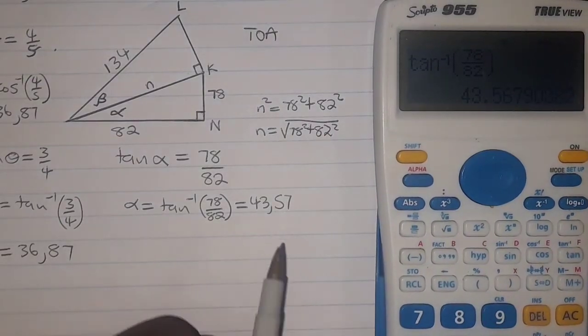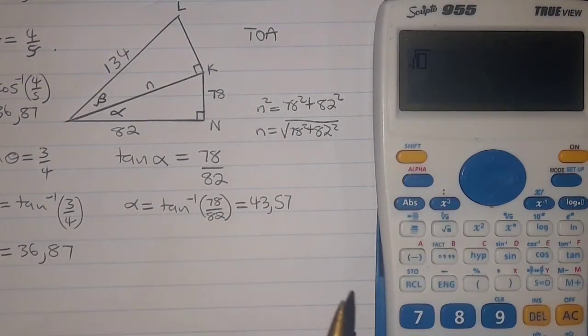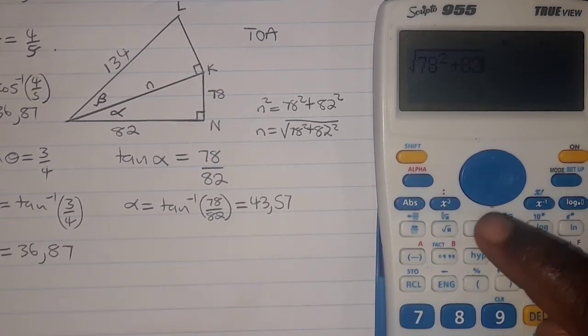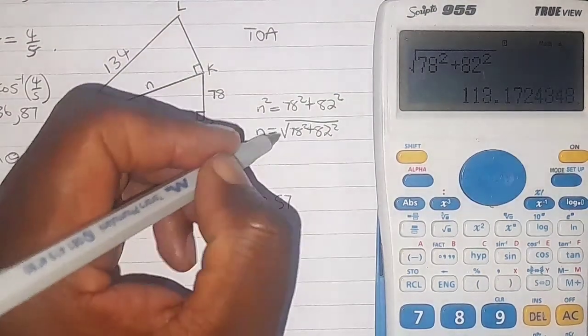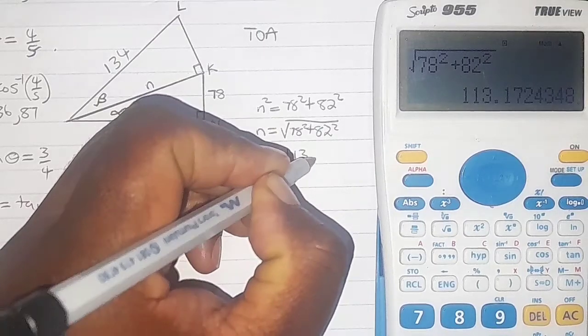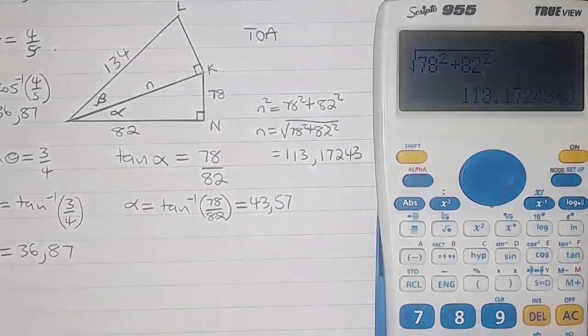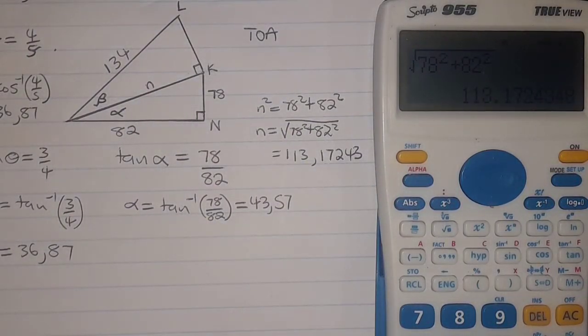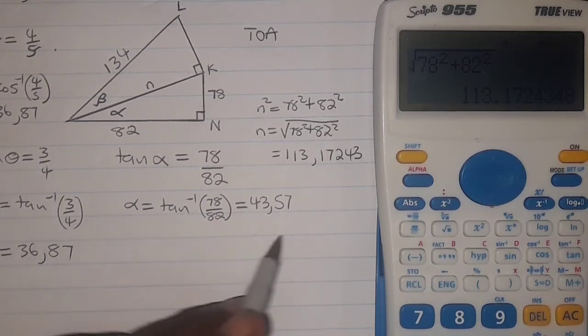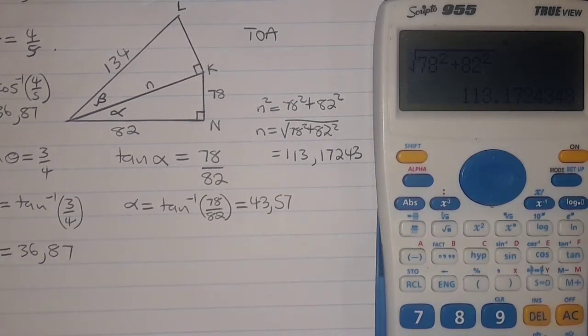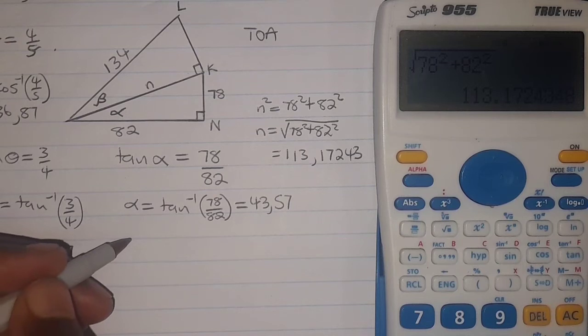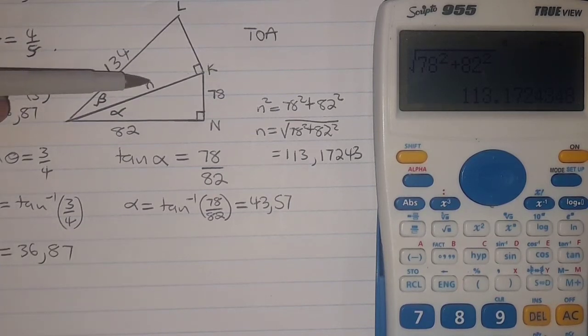And using our calculator, this is equal to 113.17243. Remember, this is not my final answer, so I cannot round off an answer before I get to the final answer. We'll have to use it with these 5 decimal places.